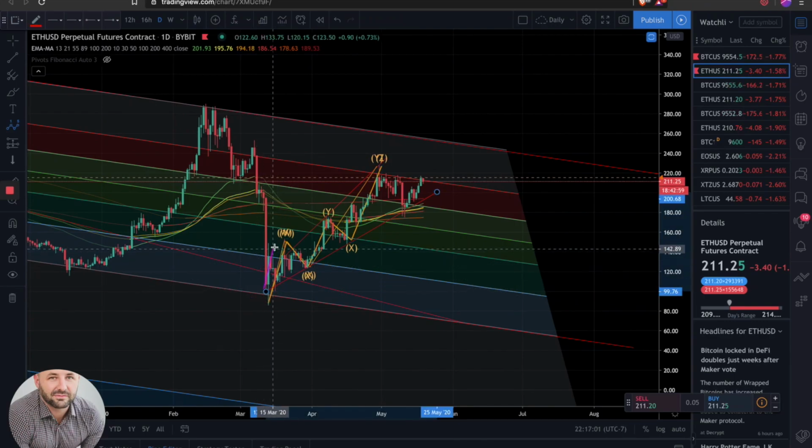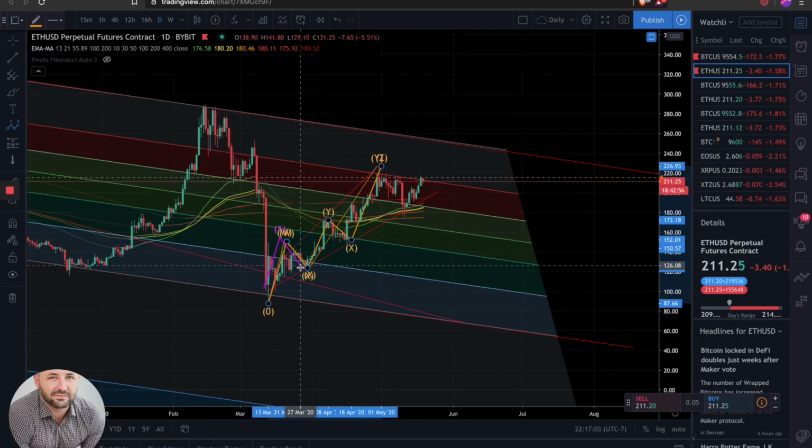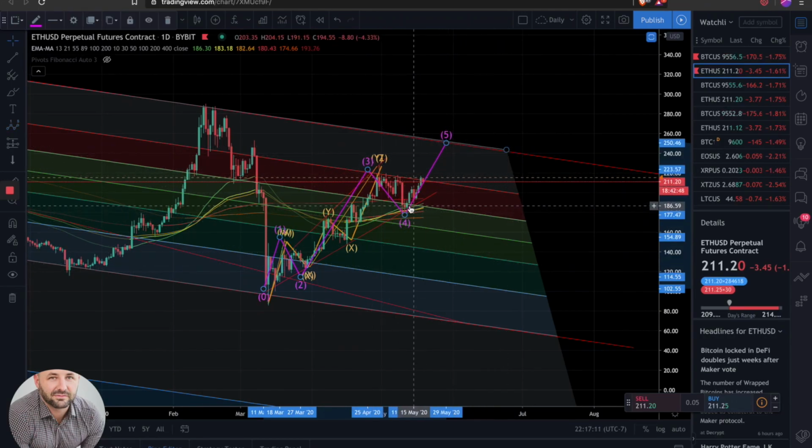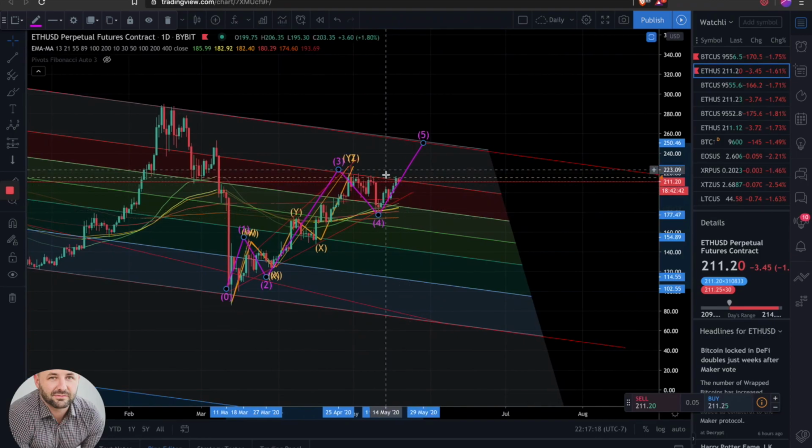I'm just going to start it outside so it can be a little bit cleaner count. So basically 1, 2, 3, 4, and then we'd be coming up right now for the 5th and look for something like that. And you can see right here so far, it looks pretty 3-wave-ish, especially since we've gotten this rejection here. It's going to be interesting to see how it overall plays out.